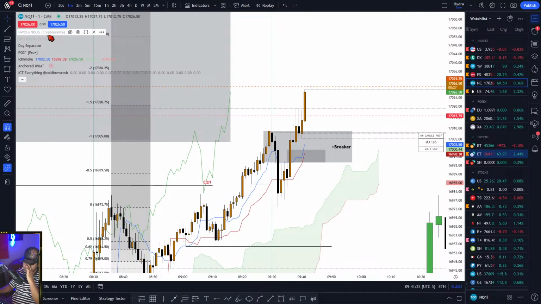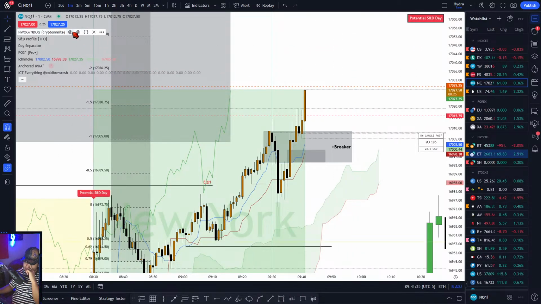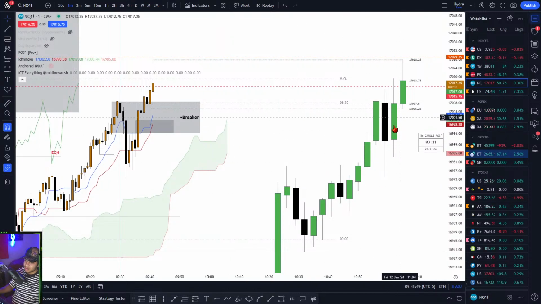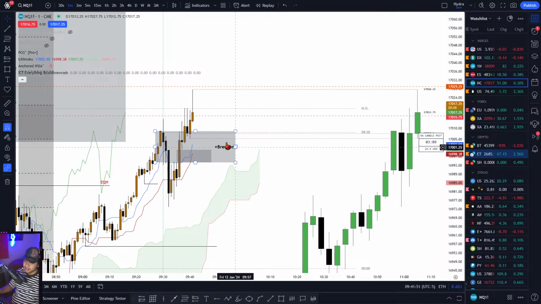But these are the indicators basically that I use, just the basic stuff to know the new week opening gap, stuff like that, and the days of the week, as well as power of 3. It shows the candle right here of the higher time frame.